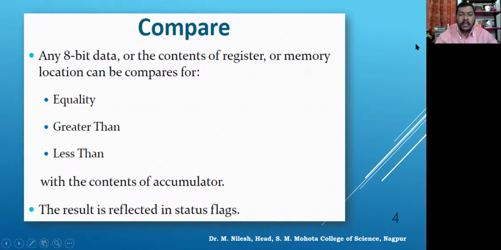All the flags are affected by this instruction, which compares the contents of a register, a memory location or direct data with the contents of the accumulator. So by default, one of the data should be in the accumulator, right? This is the instruction that we are going to use.